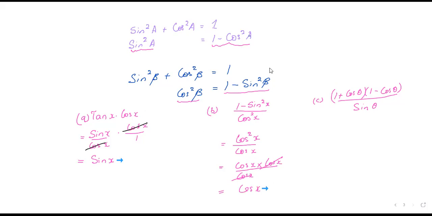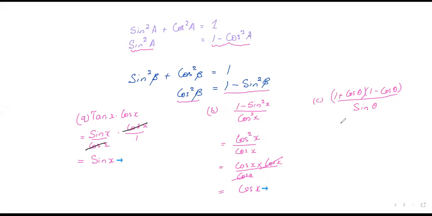Let's look at number C there. If you look at the top part of that fraction, 1 plus cos, this is the same as A plus B into A minus B. This is just the difference of two squares, and you know this becomes A squared minus B squared.